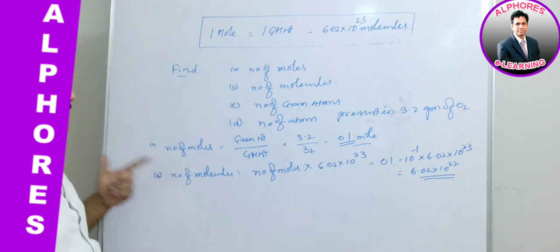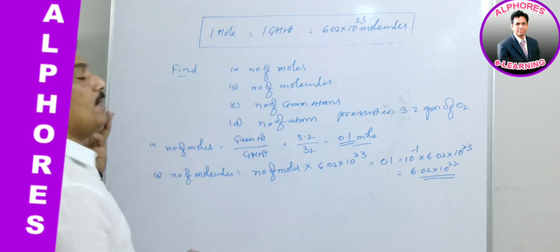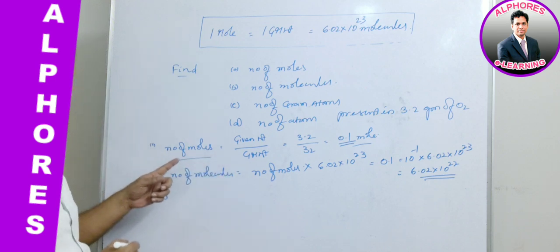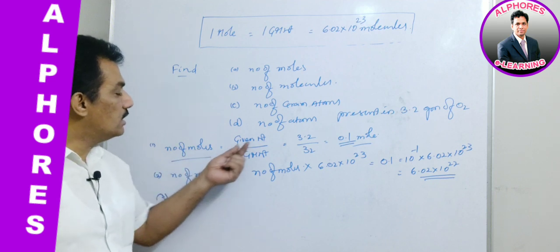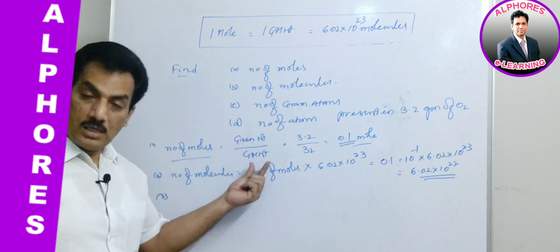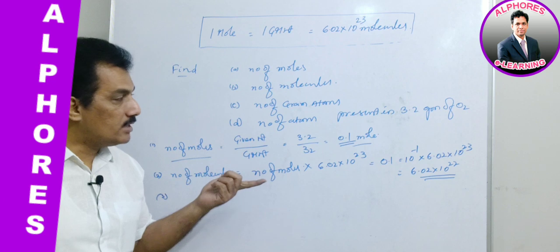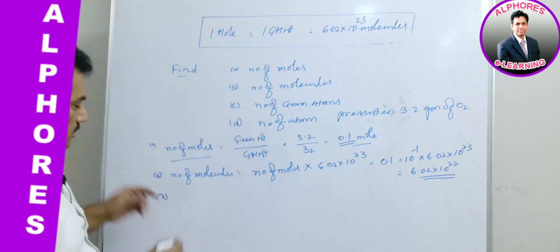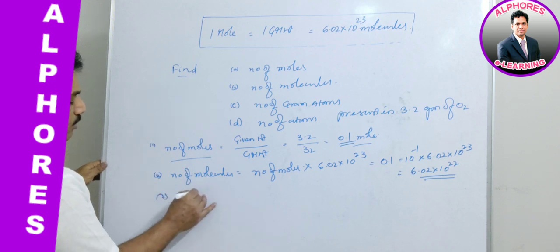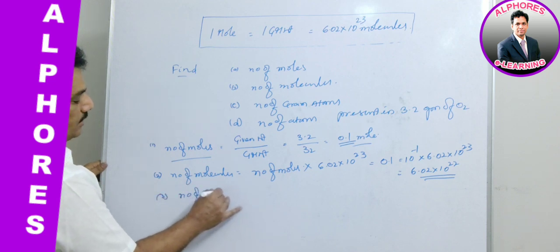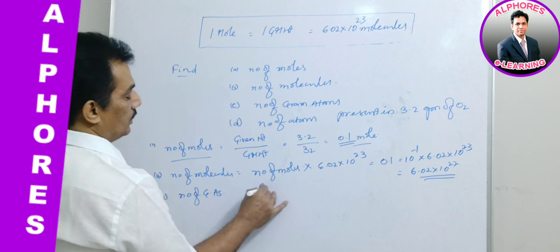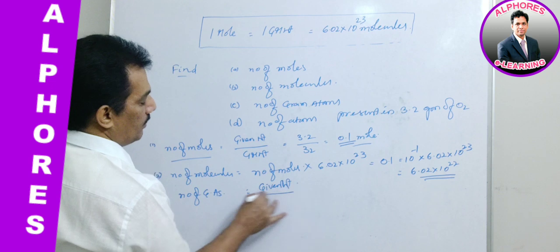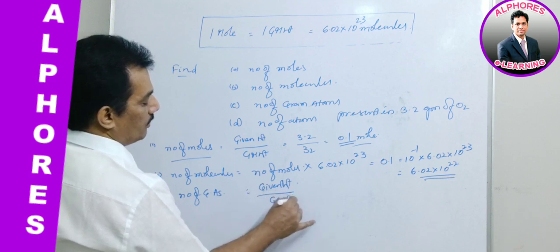Clear? And now the next question is number of gram atoms. How to get it? Similar to this, number of moles is given weight by gram molecular weight, so number of gram atoms is given weight by gram atomic weight.